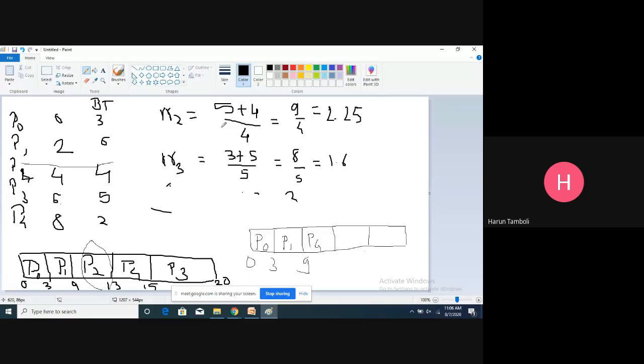And again this is HRRN, in which we are considering both parameters, that is the waiting time as well as burst time. So you can see that by applying different parameters we are trying to execute the process for getting better performance.